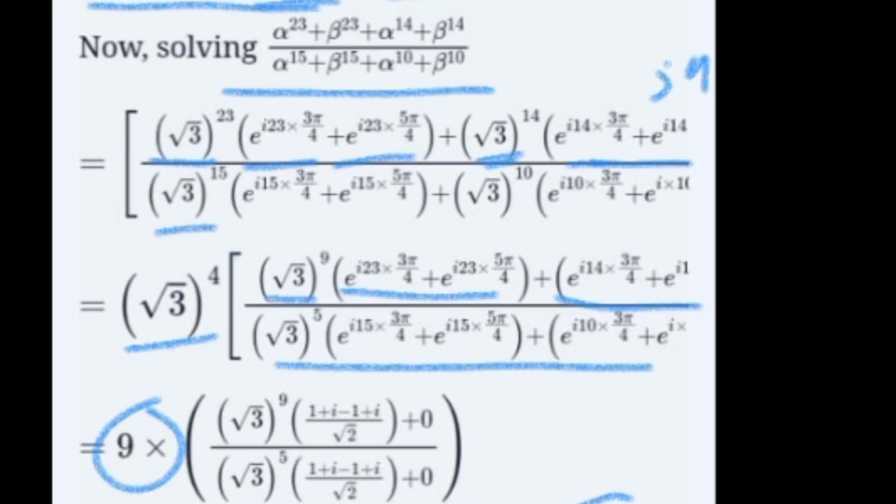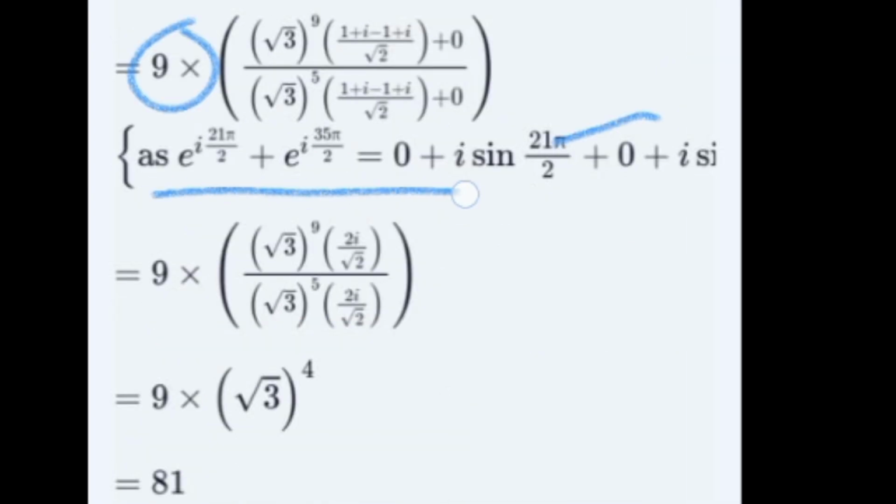So e power iota 23 into 3 pi by 4 means 1 plus i by root 2. Now e power iota 23 into 5 pi by 4 means minus 1 plus i by root 2. So these values are 0, this value is 0. Now root 3 power 5, so 1 plus i minus 1 plus i by root 2, plus here also 0. So here 9 into root 3 power 9, this is the simplification.